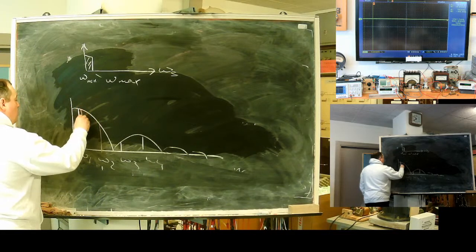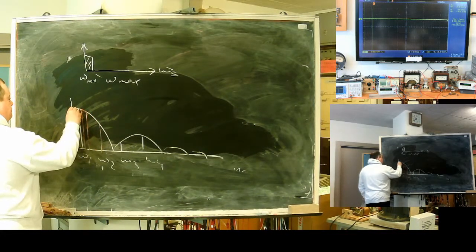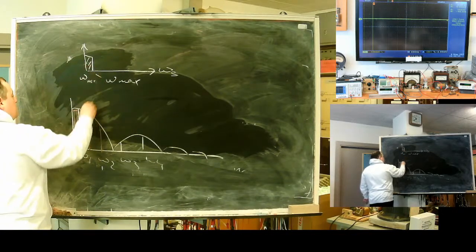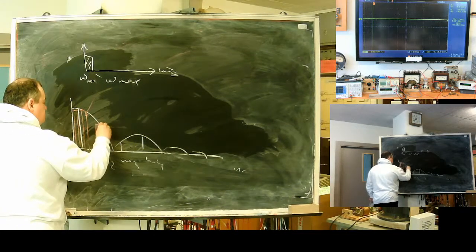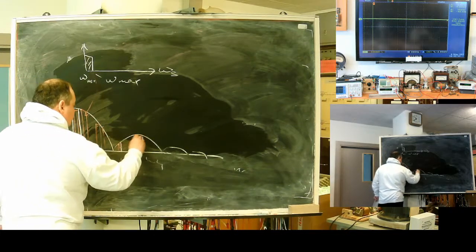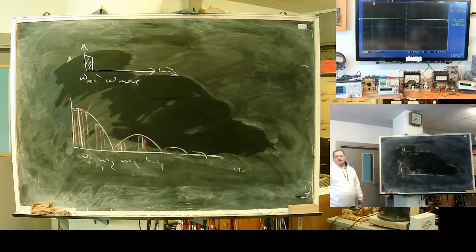I should draw it in white, sorry. And around them will be this spectrum. The spectrum of the transferred signal will be around all these discrete spectral lines.